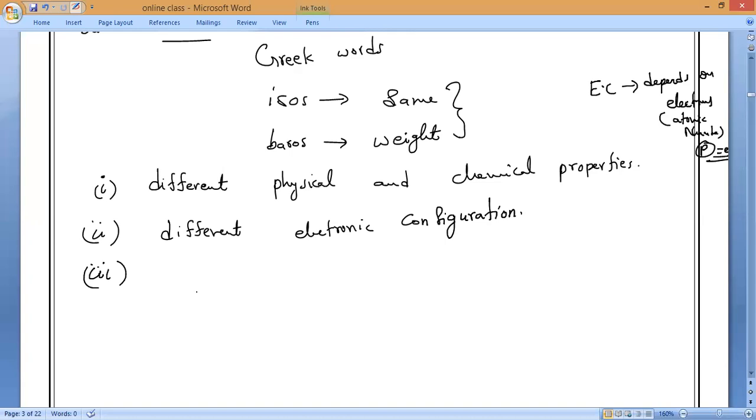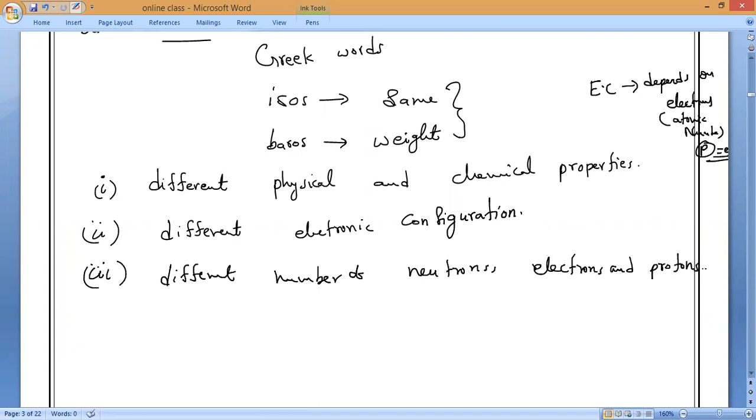Next, different number of neutrons, electrons and protons also. That is what you have to remember.